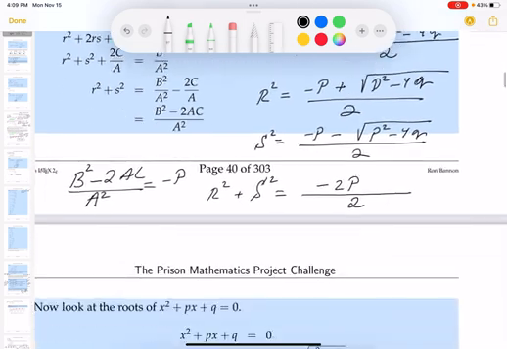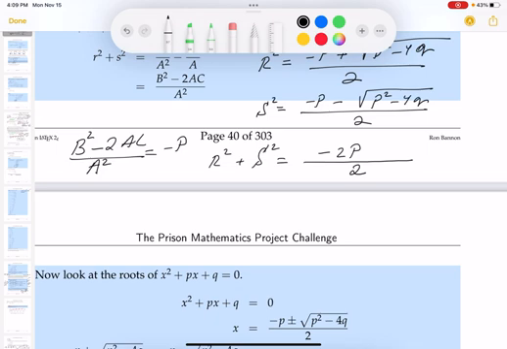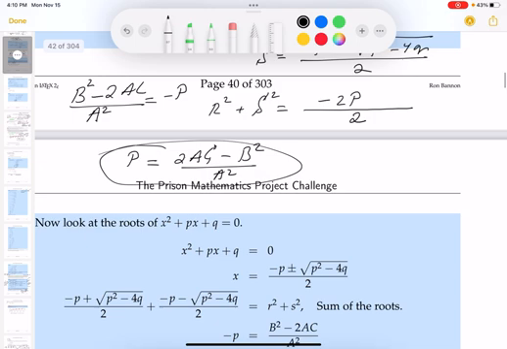Yeah. Let's keep going. And let's multiply both sides by minus 1. So p would equal 2ac minus b squared over a squared. All right, we found p in terms of a, b, and c.